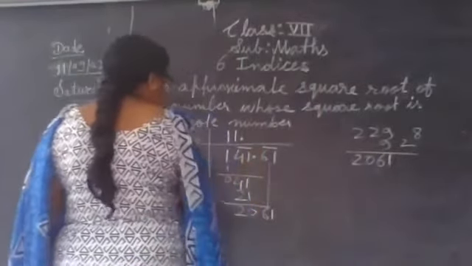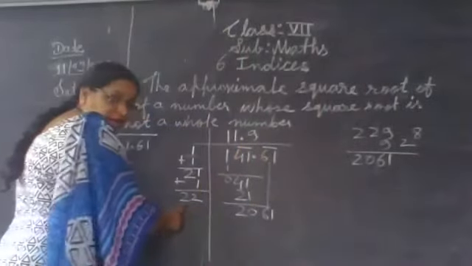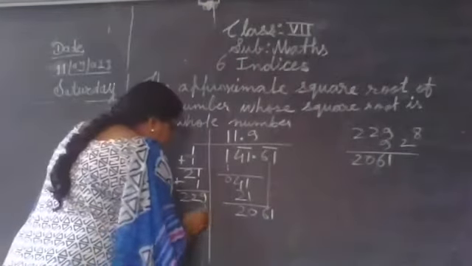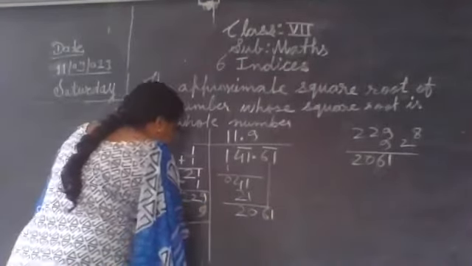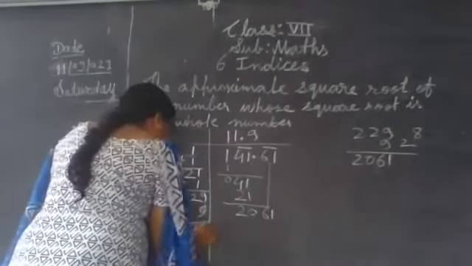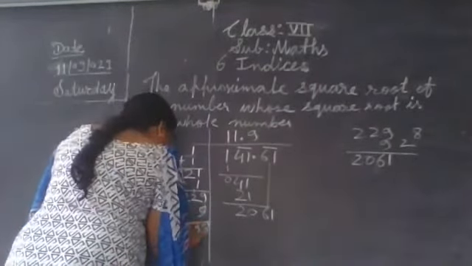So what number will be here? 9, and add 9 to get 229 multiplied by 9.